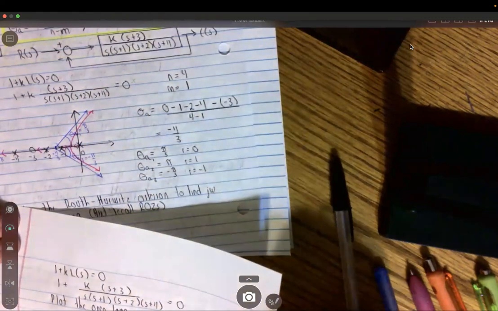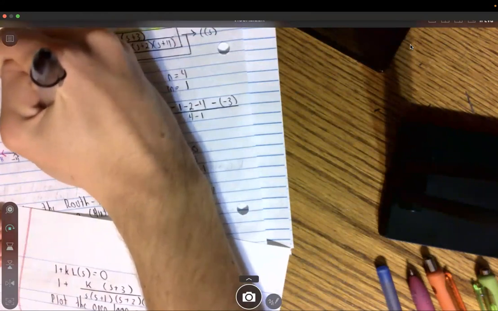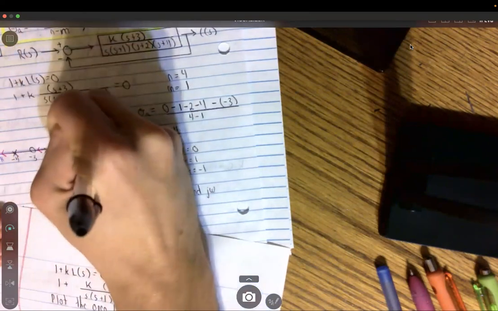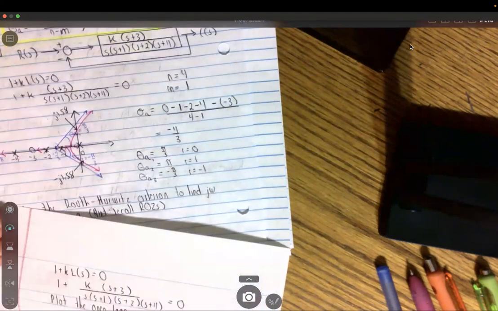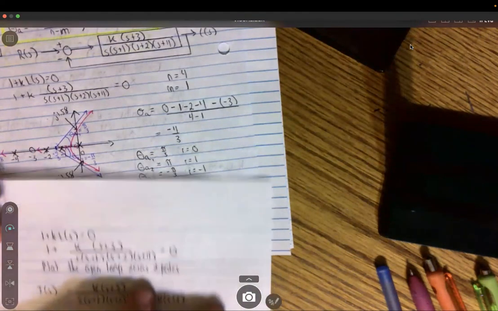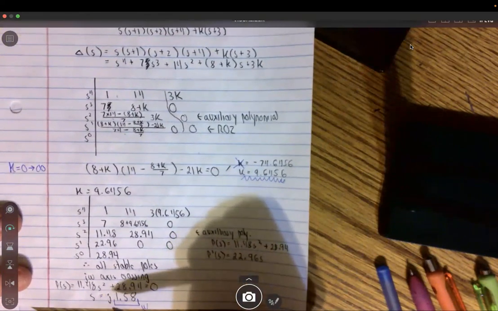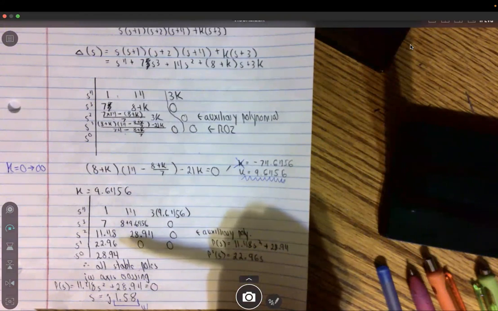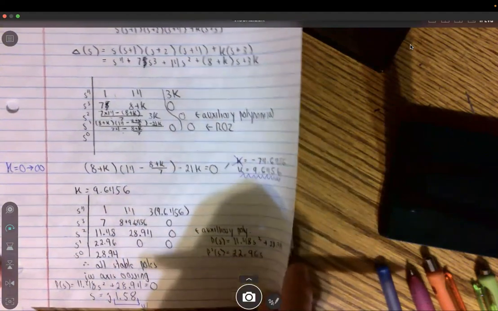Looking right here, the point where the root locus crosses through is at j 1.58, and this point right here is negative j 1.58. That makes sense from our calculation, because those crossing points occur on the j omega axis. That's why we were able to find the specific value of omega where those crossing points occur.